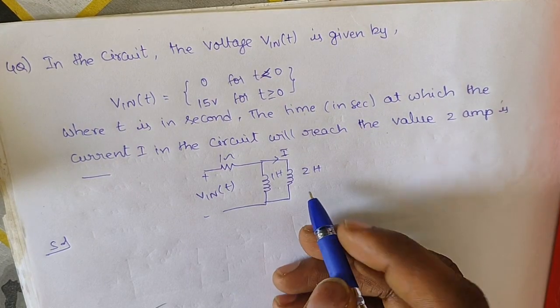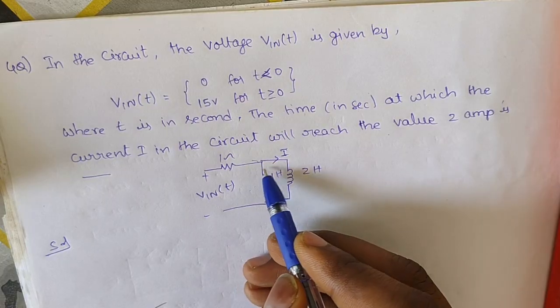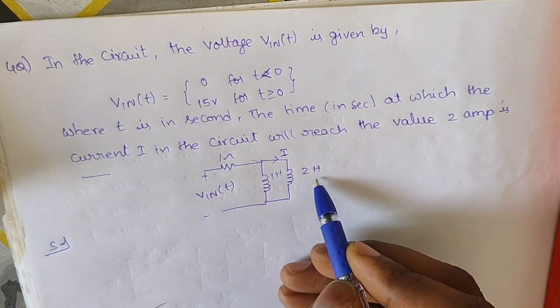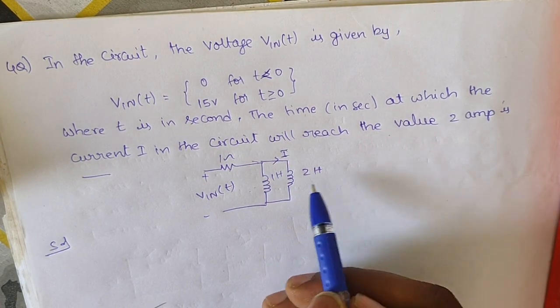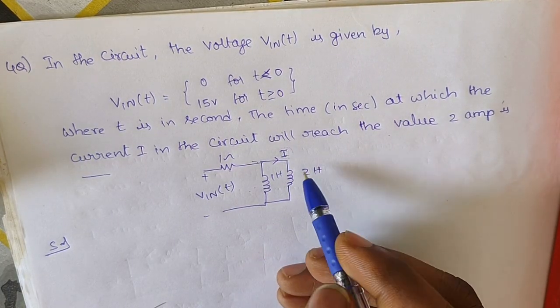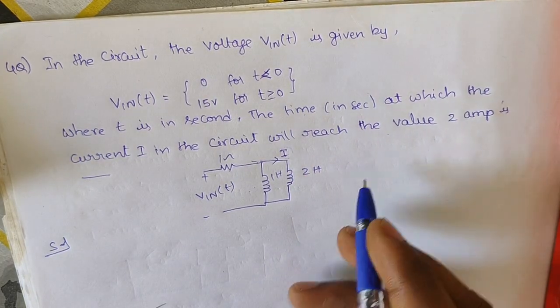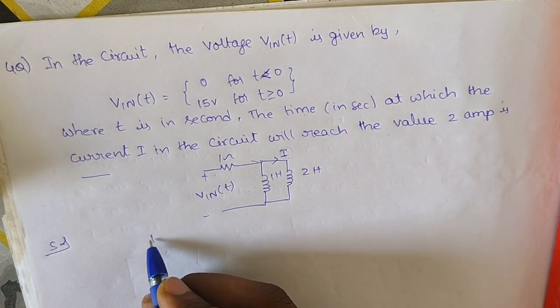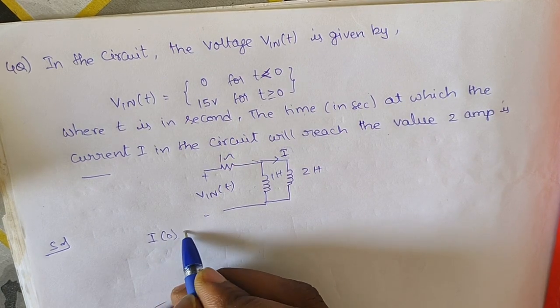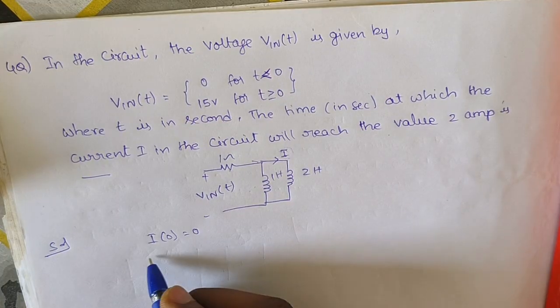So first we need to find the total current here, and this total current divides between 1 Henry and 2 Henry here, and we will find this current I. Then we will find the time taken to reach 2 amperes in this inductor. Now the initial condition I of 0 is 0, as there is no input, the current is also 0.